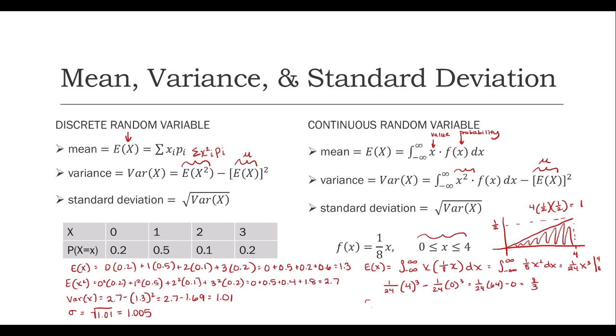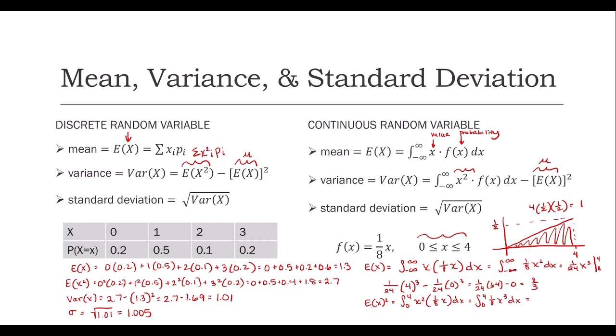For your variance, we're going to need E of x squared, and we can go ahead and restrict our bounds to 0 and 4 right away. And then we'll have x squared times f of x, which is 1/8 x dx, which equals the integral from 0 to 4 of 1/8 x cubed dx.